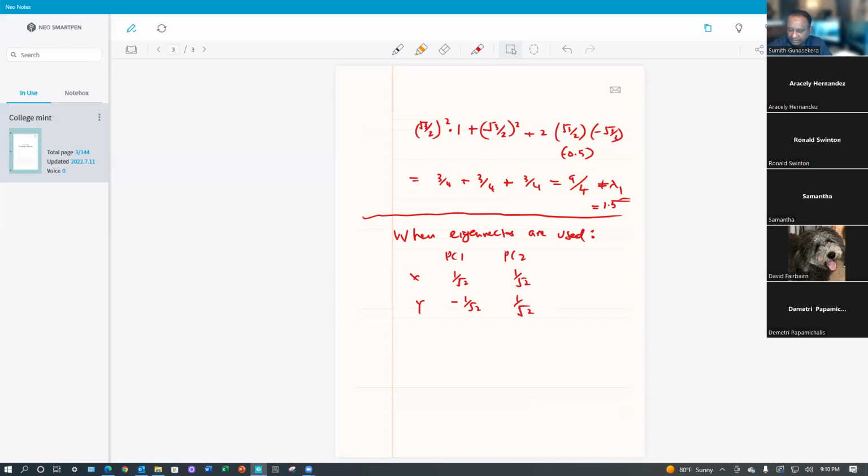Then you can easily calculate the sum of squared loadings, which is 1 over √2 squared plus negative 1 over √2 squared. So that is 1, and 1 is not equal to lambda 1, which is 1.5.